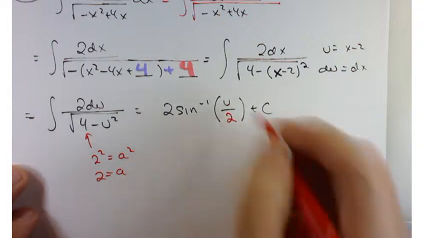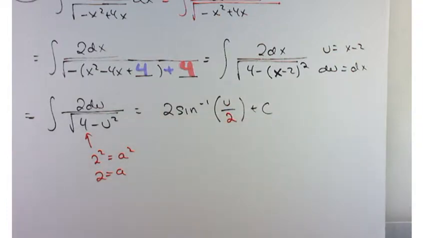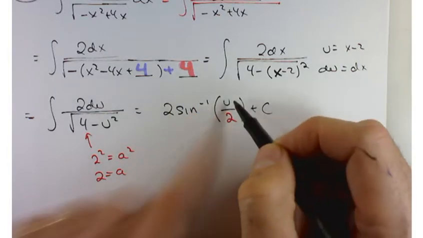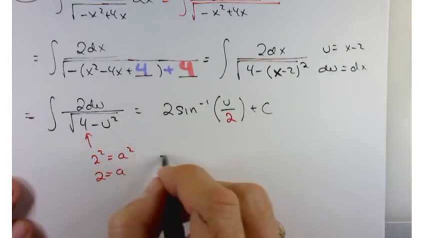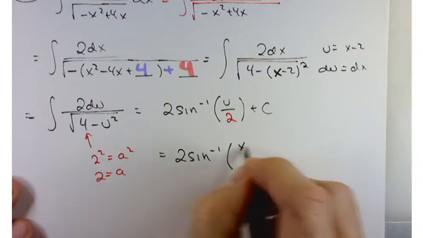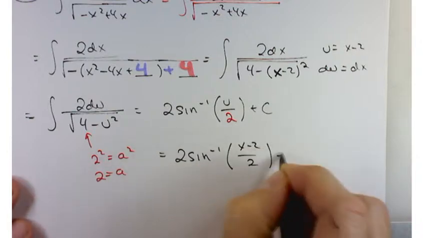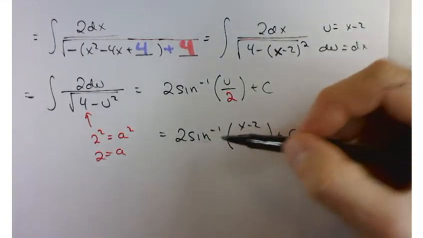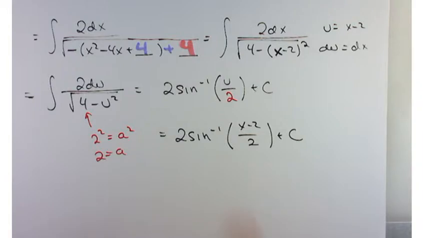So 2 there. Last but not least, let's not forget that u is taking the place of x minus 2. So 2 times the arc sine of x minus 2 over 2 plus your constant. And you can write arc sine or sine negative 1. Doesn't matter to me.